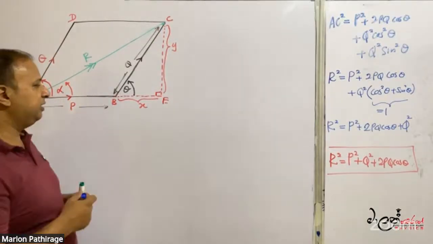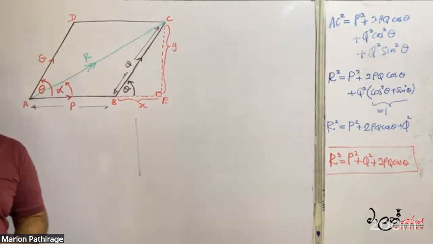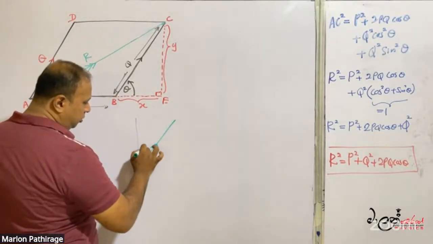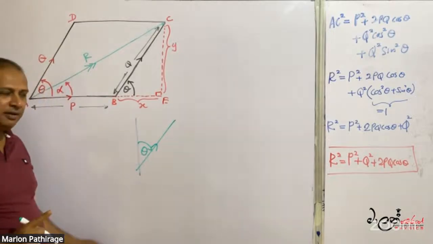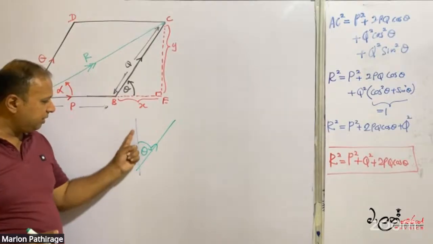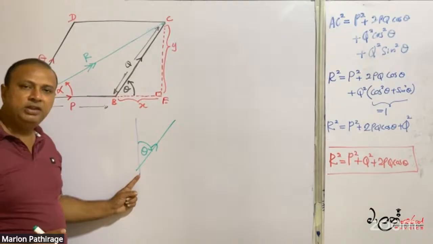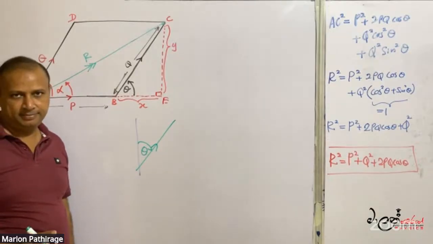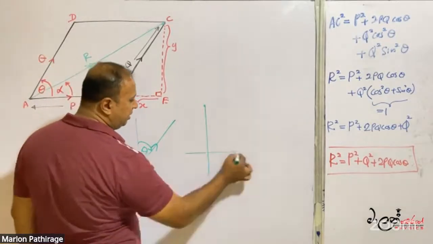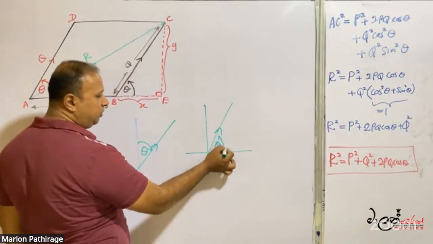So if you know this one is vertical, we can represent the direction of the vector with the angle between the vertical and the vector. Or we can represent a vector by the angle between the horizontal and the vector.